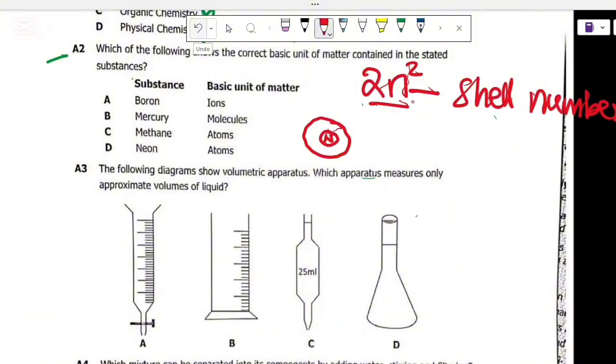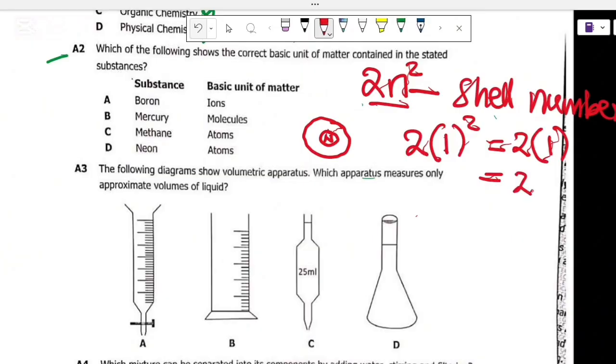So if the value of n is 1, then we can go ahead and calculate 2. Where there is n, we put the number of the shell, which is 1 squared. Now, if you do the math here, 1 times 1 is actually 1. So we're going to have 2 times 1, and 2 times 1 is going to give us 2.